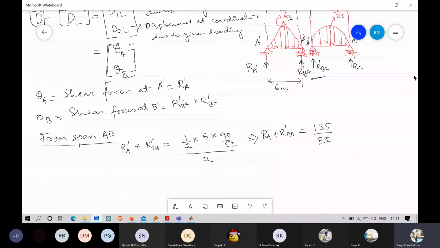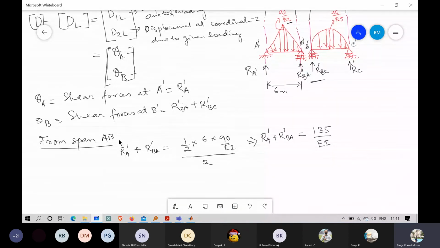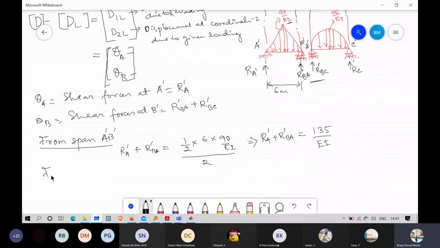from span B, I can write it as span A dash B dash, from span B dash C dash.